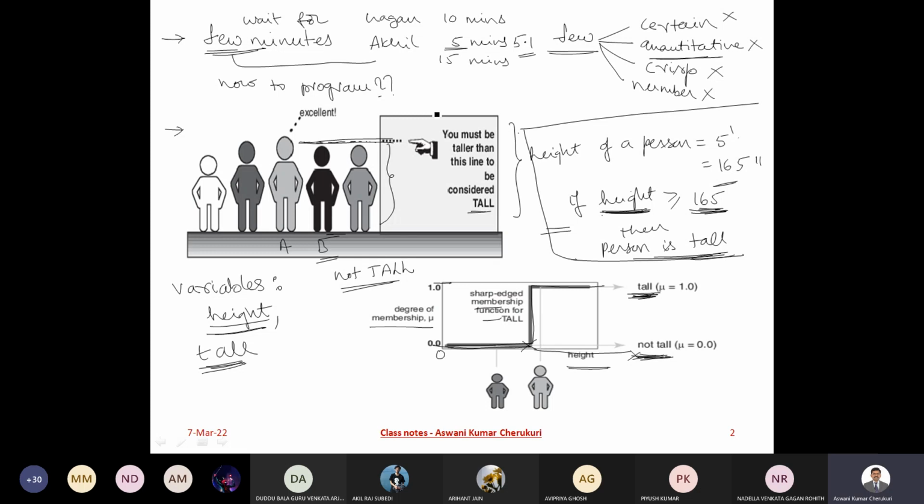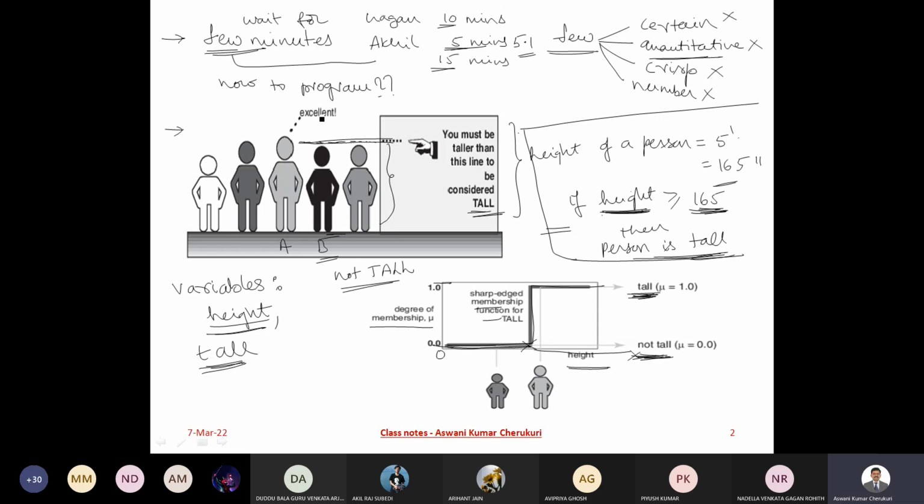And if Akhil is saying 5 minutes, and Gagan is telling 10 minutes and somebody else is telling 15 minutes, can we have such rationality or granularity here? Yes, sir, we can. Like, we can say that only greater than 160 is tall, something like that. Correct. And you're saying 165, so I'm going to say 175.